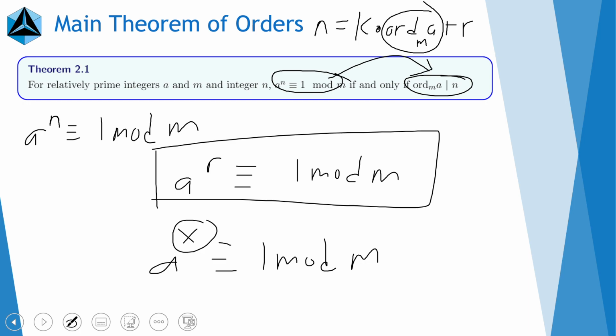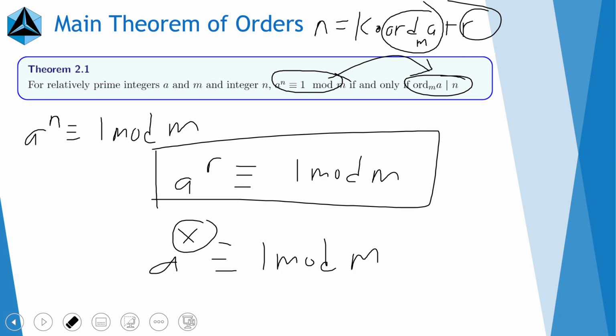Replacing x with the order up here is the smallest positive value of that. But then we know that r has to be less than the order of a mod m, by definition of remainder after division. So r can't be positive here.